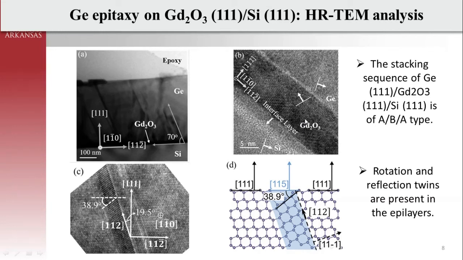So basically when we say rotated by 180 degrees, it means that your 111 plane is rotated about the 111 normal by simply 180 degrees. So this is what we have previously already established by using RHEED as well as pole figure analysis.